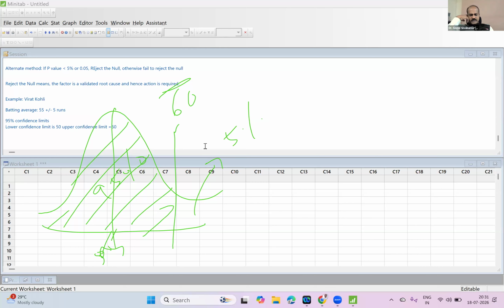But that's the logic. Now, what I want to understand is this: let's say I appoint a coach from New Zealand. A New Zealand coach has been appointed to study whether the appointment of the coach can significantly improve the batting average of Kohli.